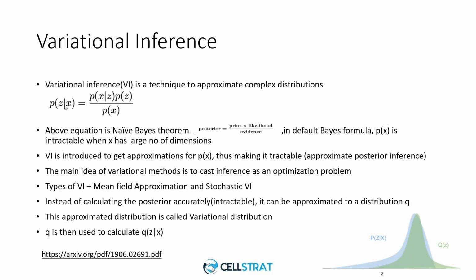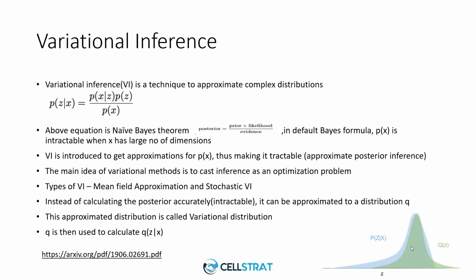The solution is to come up with another distribution, or let's say assign a distribution, and then try to approximate the posterior distribution, or true distribution, with our newly assigned distribution. That new distribution, we can call it Q, is created in order to approximate our posterior distribution, and this distribution Q is known as our variational distribution.